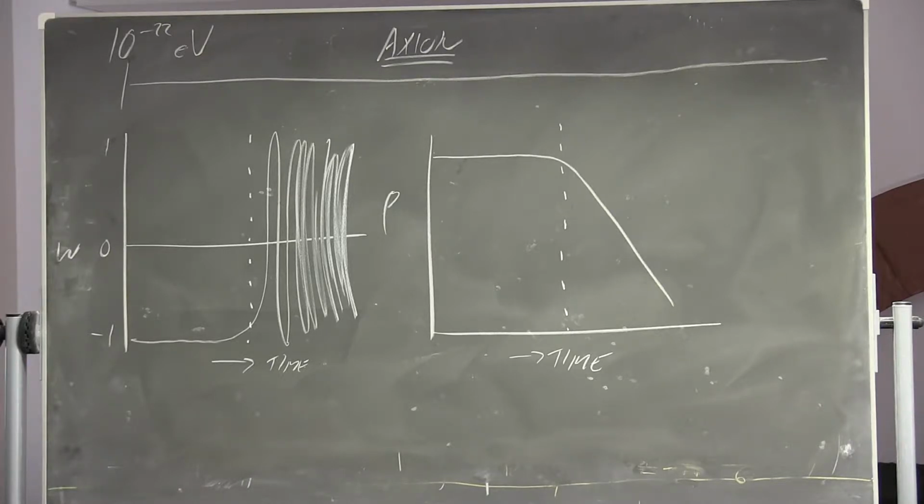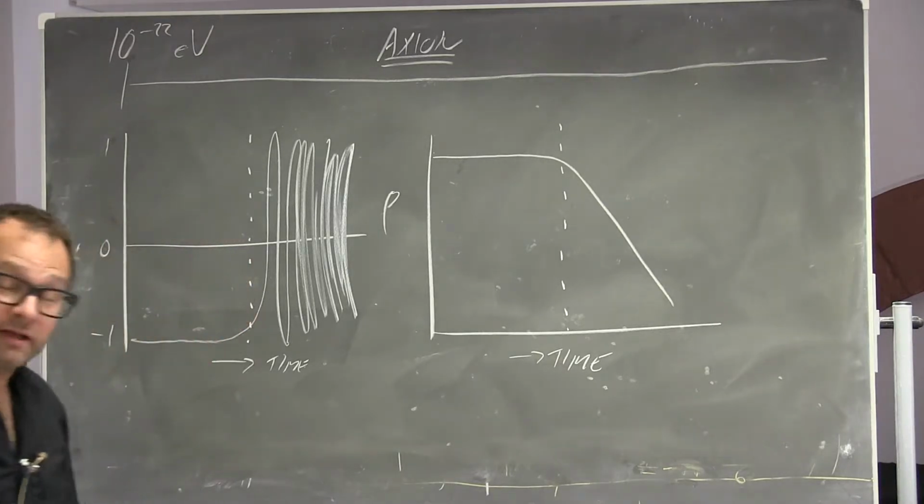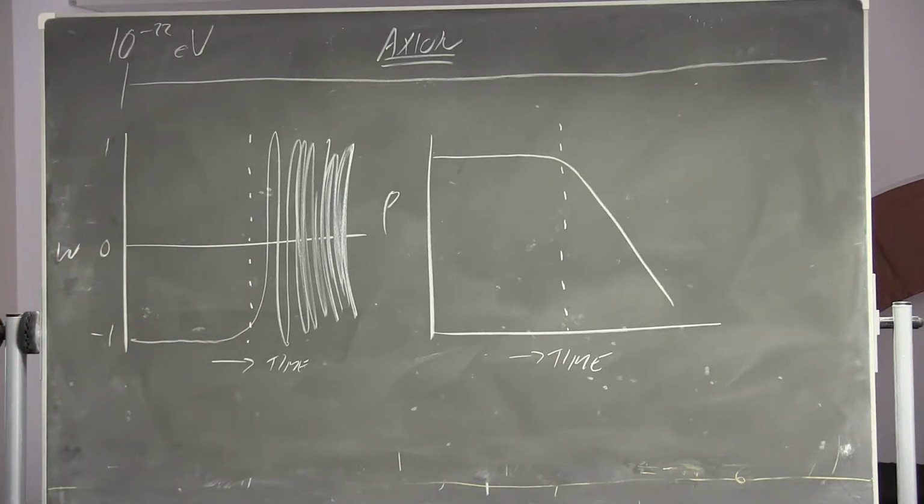There are also some wonderful notes from Matt McCullough from a year before that, which explain these things in great detail. So if you want to learn about axions as a solution to the strong CP problem, I encourage you to go look there. For our purposes, I only want to talk about axions as dark matter. And for that, whether it's an axion that solves the strong CP problem or is simply an axion-like particle, that's equivalent.